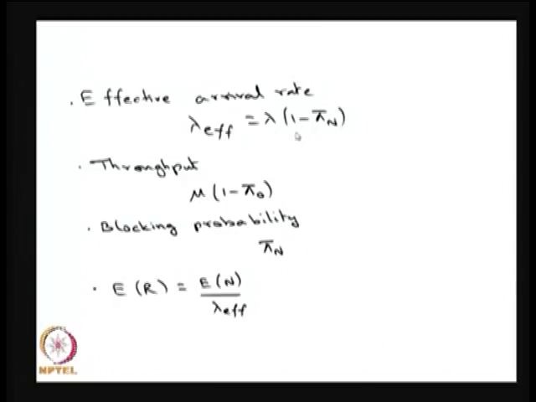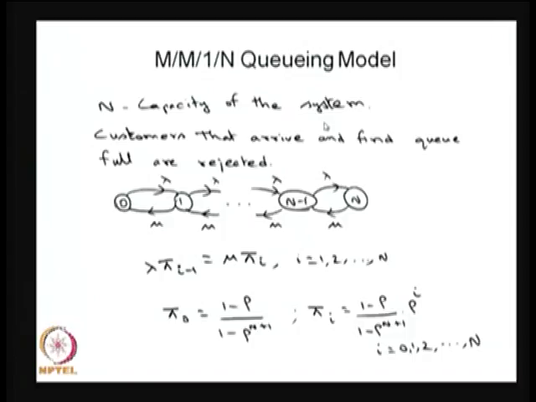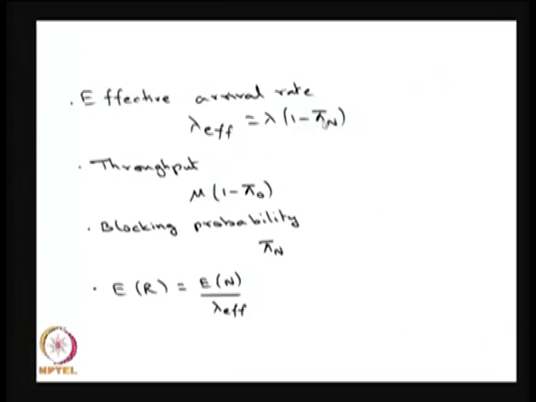Whenever the system is not full, that proportion of the time or the probability is 1 minus pi n, where pi n is the steady state probability. Just now we got it. From here you can get pi suffix n, that is the probability that the system is full, and 1 minus pi n is the probability that the system is not full, and multiplied by the arrival rate, that is going to be the lambda effective.